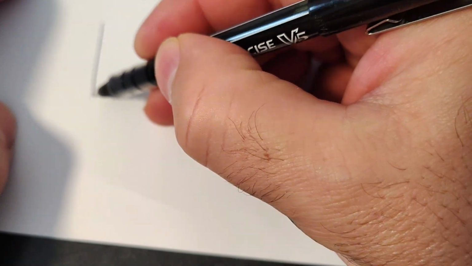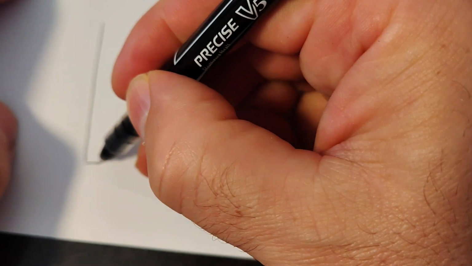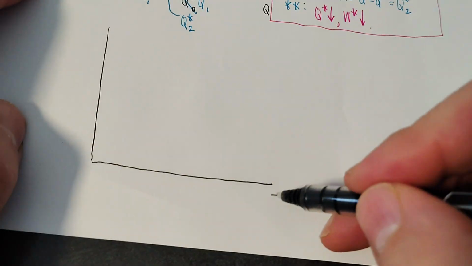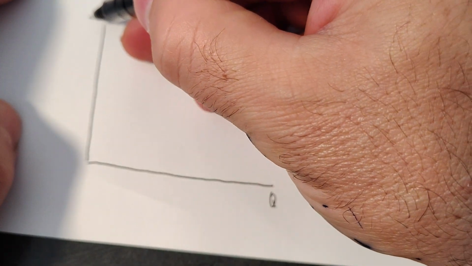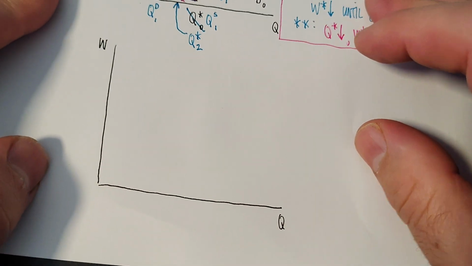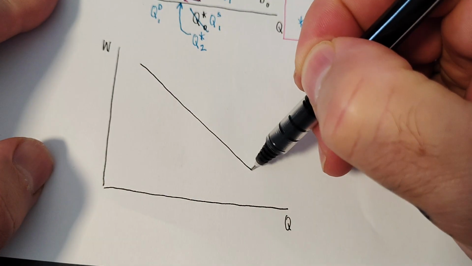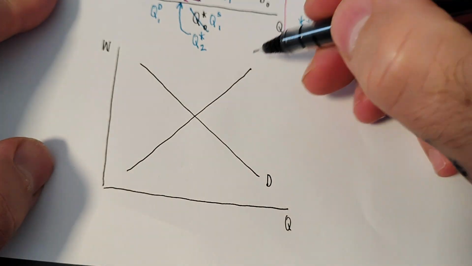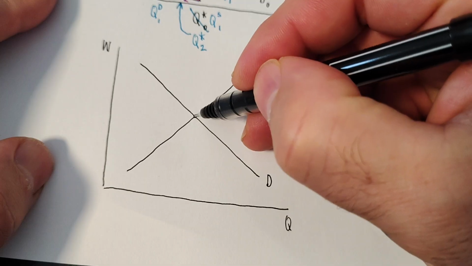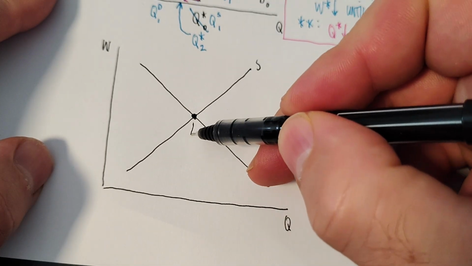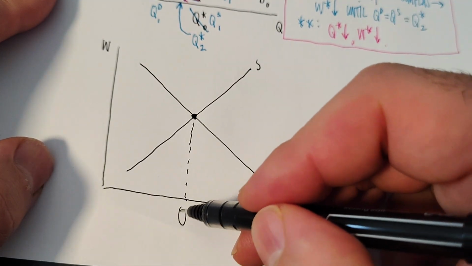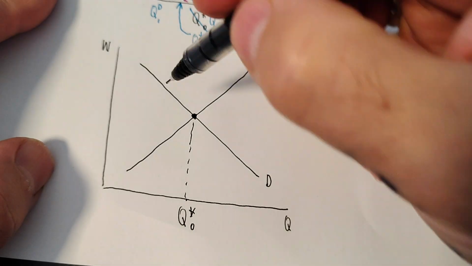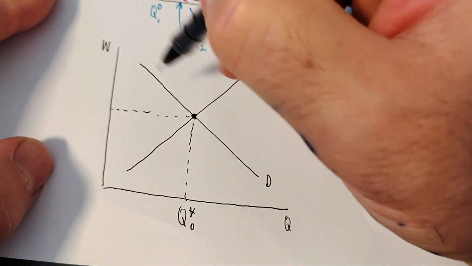And the example we always like to use is that of the minimum wage. So let's put quantity down here, wage up here. We've got the demand for labor, and we've got the supply for labor. And we have our intersection where the equilibrium is. Let's call this Q star 0 and W star 0.